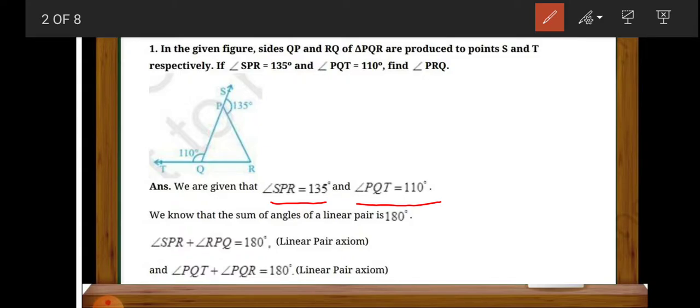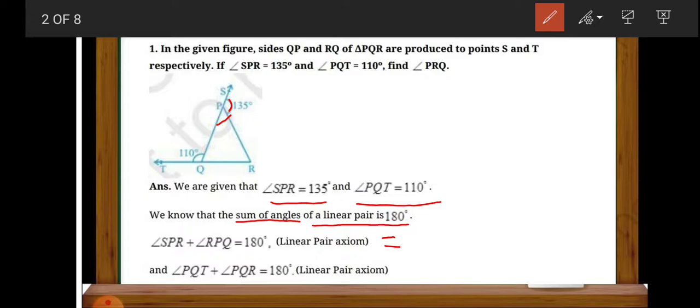We know that the sum of angles of a linear pair is 180 degrees. So angle SPR plus angle RPQ is equal to 180 degrees.